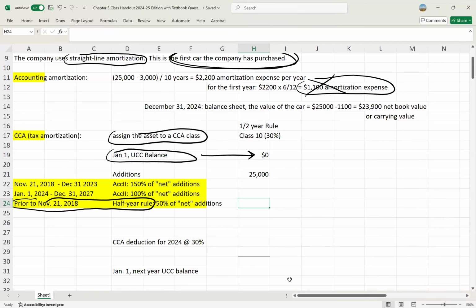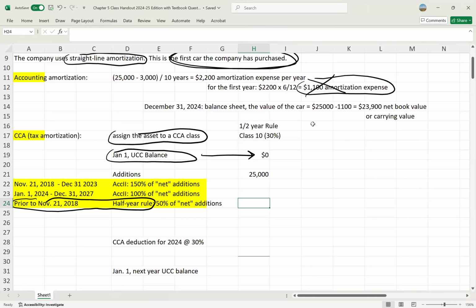The way the half-year rule works is that in the first year, rather than have to prorate it based on when we bought it, remember for accounting purposes, we have to prorate it based on the number of months. What the half-year rule says is that because you're probably going to be buying assets throughout the year, some equipment in June, some automobiles in July, maybe some machinery in January, rather than make you prorate all the additions based on how many months you own them for that first year, we're just going to let you take half of the CCA that you normally would.